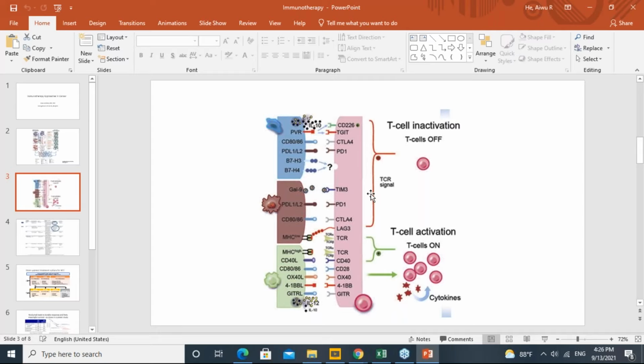And now the other group of molecules are T cell activation molecules, such as CD40, CD28, OX40, 41BB. Currently, there are a lot of drugs being developed to target those molecules, to activate them and to activate immunity to fight the cancer.